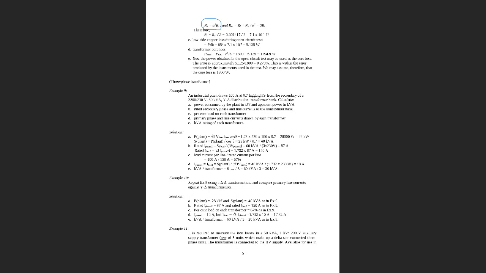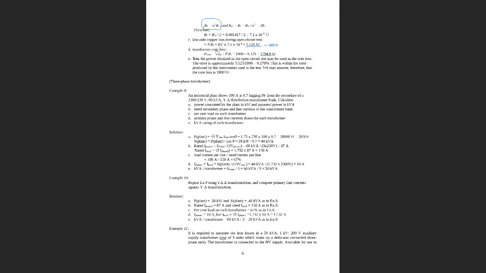Look at here, this is very small in comparison with the core losses, much smaller than the 1,800 watt core losses.